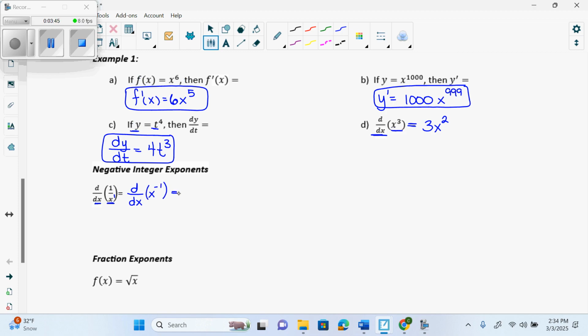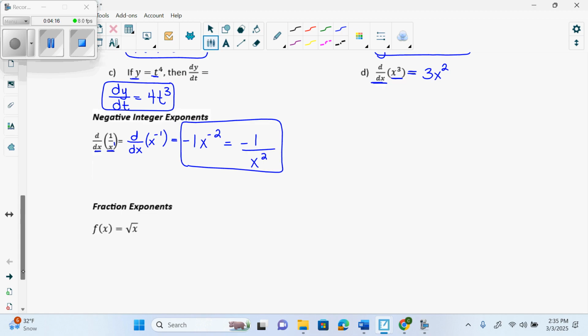What is the derivative of x to the negative 1? Negative 1, x to the negative 2. And if they so chose to put it in positive exponents, the negative 1 is not to the negative 2, correct? The only thing that's to the negative 2 is that x. If the negative 1 was to the negative 2, it would be in brackets, which it is not. So the negative 1 stays in the numerator, and then x to the 2 drops to the denominator. So both of these are correct.